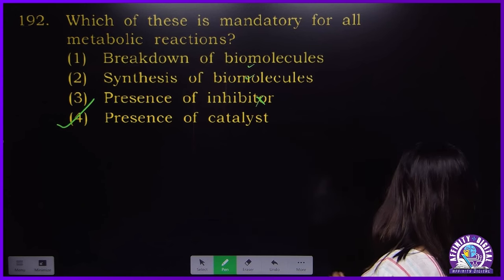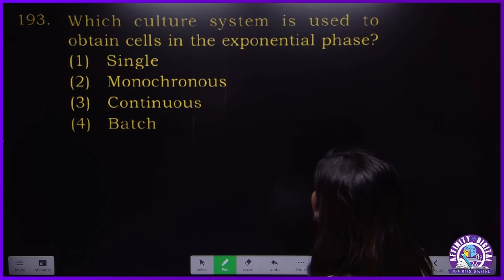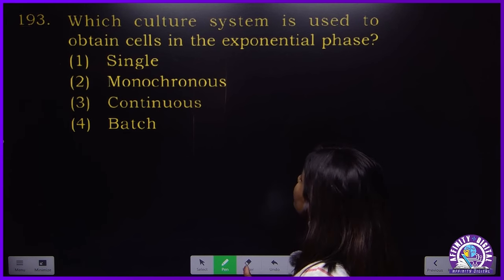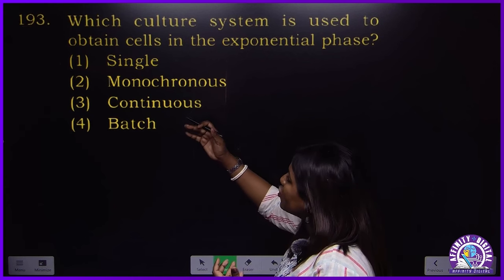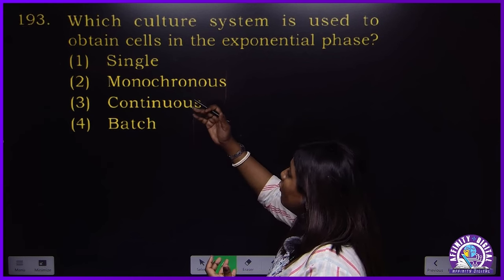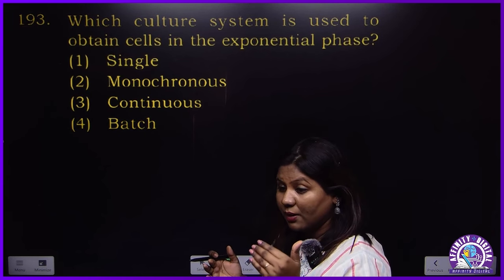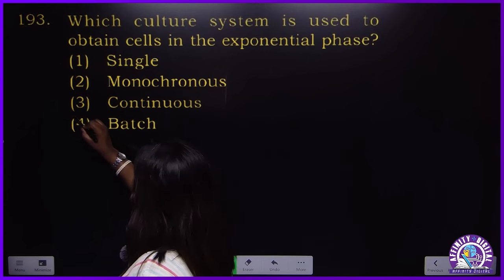Right? The next point is, which culture system is used to obtain cells in exponential phase? Exponential phase में बार बार हमें कैसे कल्चर चाहिए to obtain our product? तो ये अगर बैच वाइज करेंगे तो फिर हमें कभी भी एफिशिएंटली प्रोडक्ट नहीं मिलेगा. बार बार हमें रुकना पड़ेगा टू ऐड आवर रॉ मटेरियल्स. लेकिन सबसे अच्छा कौन सा होगा?